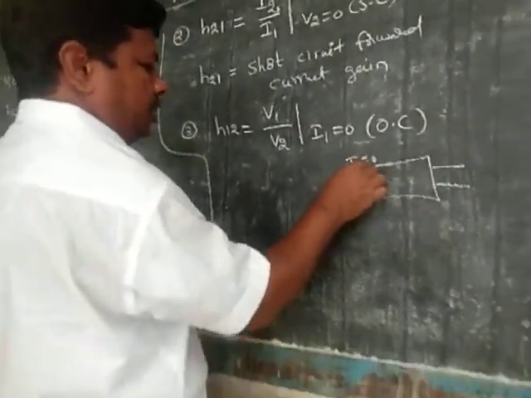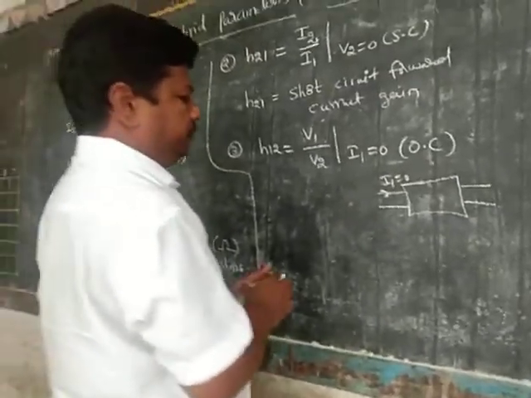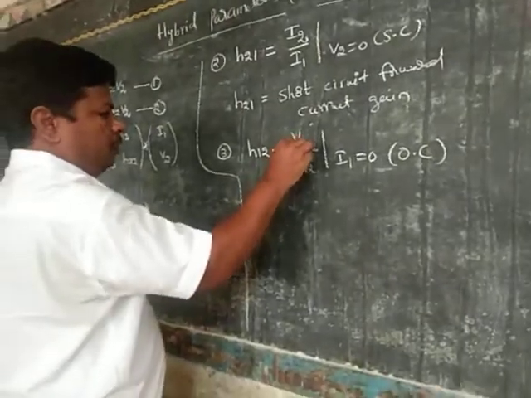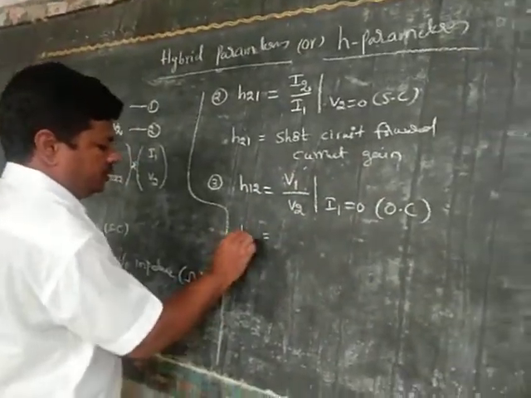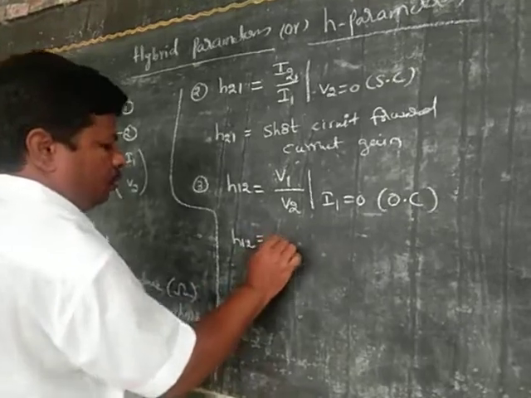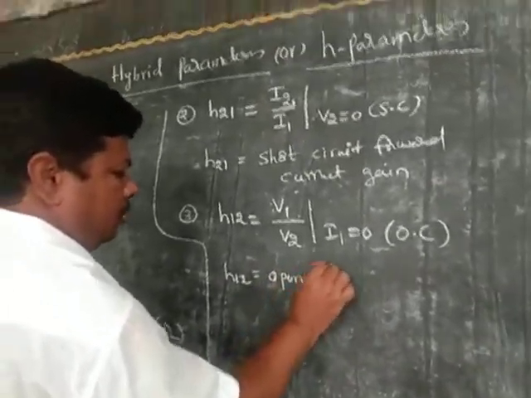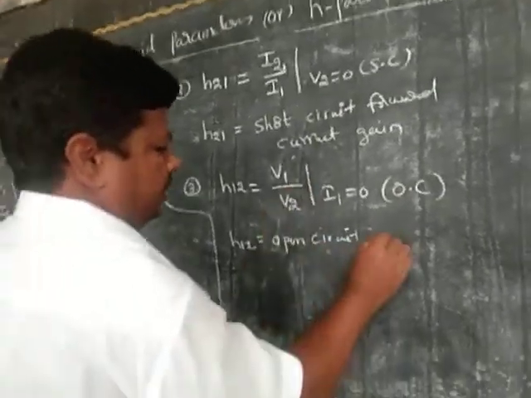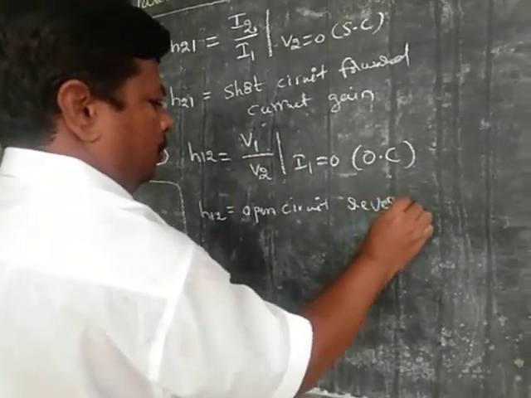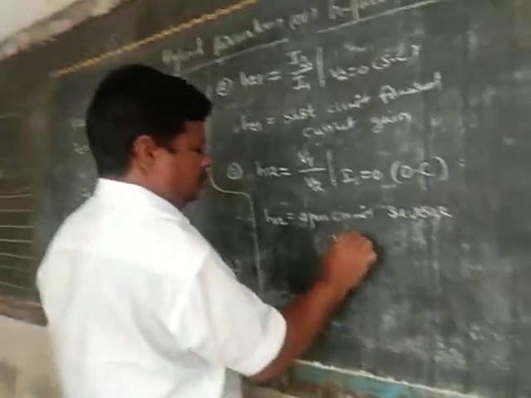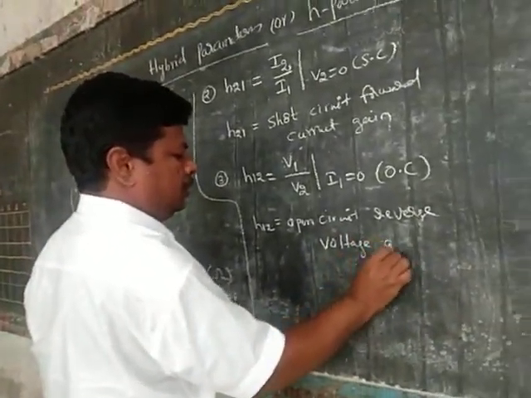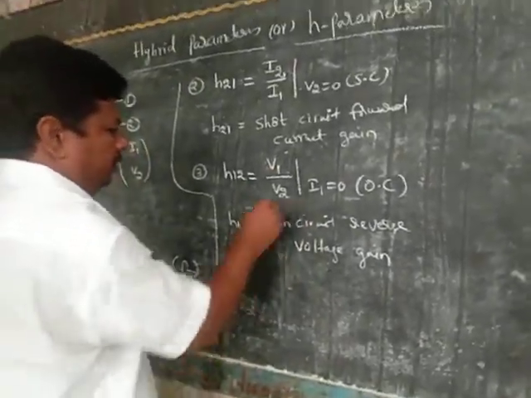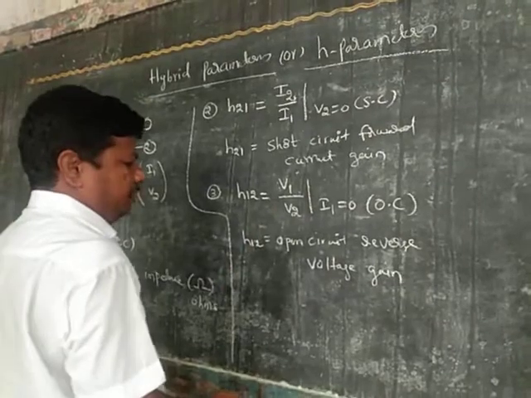So H12 is input by output, and is also called open circuit reverse voltage gain. Here also there are no units, V by V.